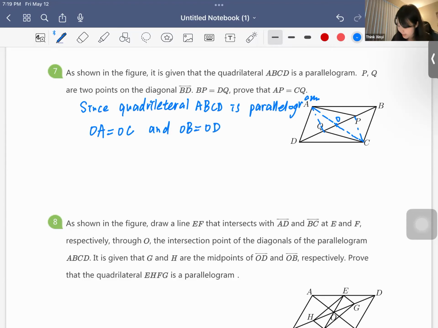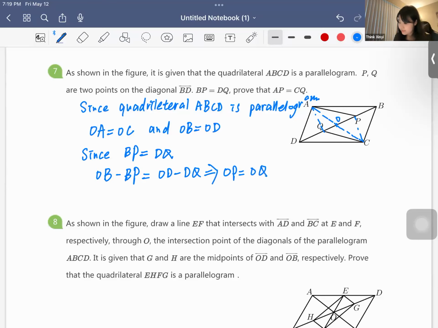And since we have BP equals DQ, therefore we can have OB minus BP equals OD minus DQ, which is OP equals OQ.